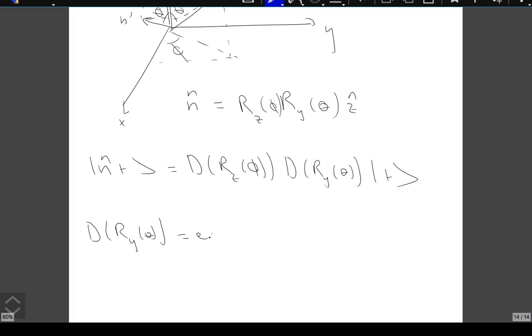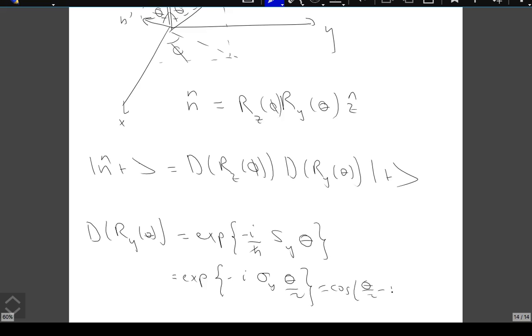You see, this was equal to exponential of minus i over h bar S_y theta. This is equal to exponential of minus i over 2 i sigma y theta over 2. This is equal to cosine theta over 2 minus i sigma y sine theta over 2.